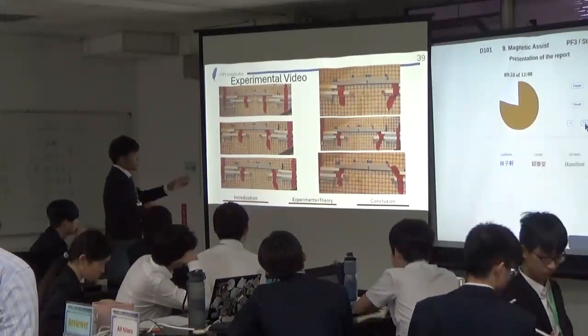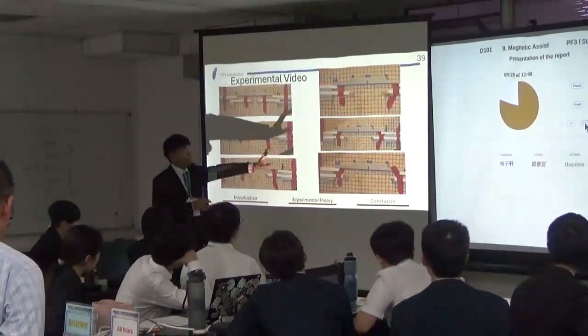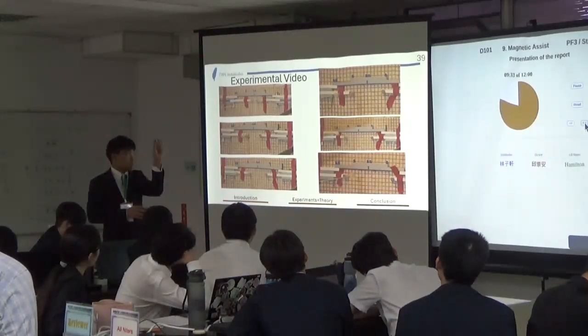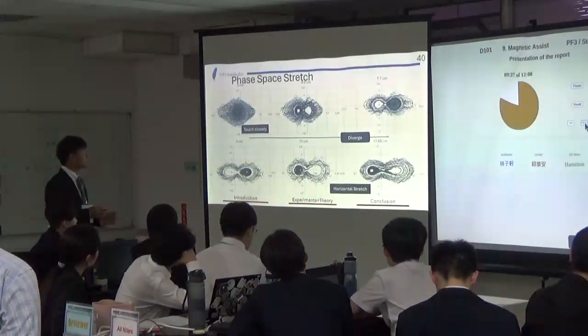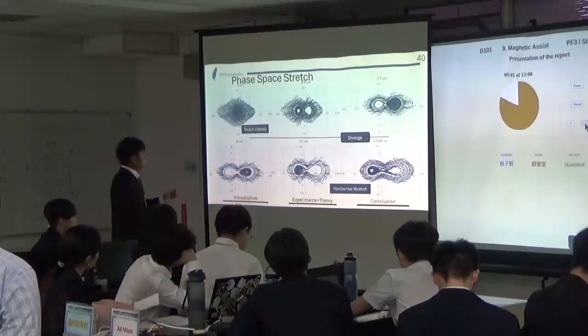And you can see right here, when the distance between the two bases increases, the pendulum does a little bit of rotation in the region. And this is the phase space.